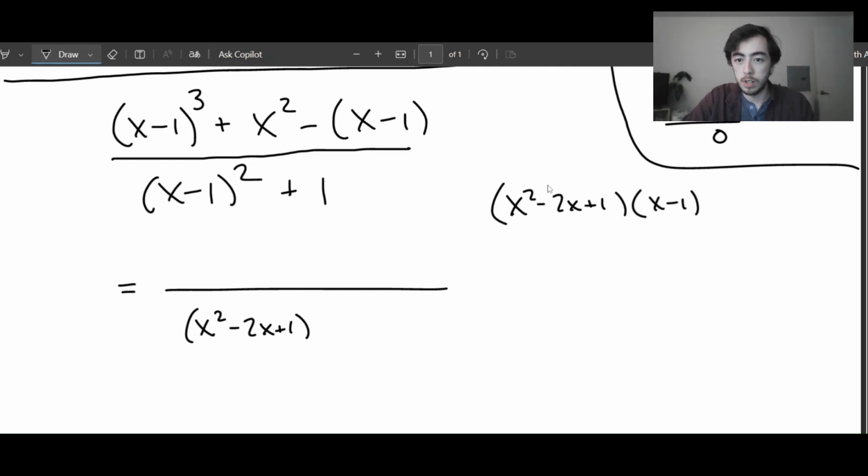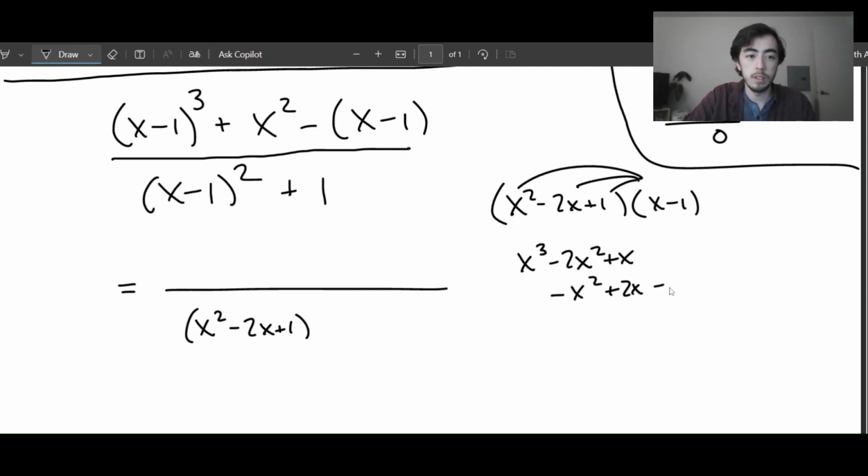So really quick, I'm trying to do all the distributions. We're going to get x cubed minus 2x squared plus x, and then minus x squared plus 2x minus 1. So this x minus 1 cubed is going to be x cubed minus 3x squared plus 3x minus 1.